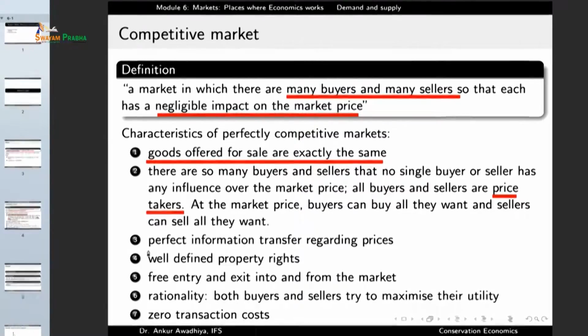Then there is a perfect information transfer regarding prices. It means that if there is a market with many different buyers and sellers selling goods at different prices, every buyer and every seller should know who is buying and selling at what price. Suppose in the market you have 100 sellers, each selling rice at a rate of 80 to 150 rupees a kg.